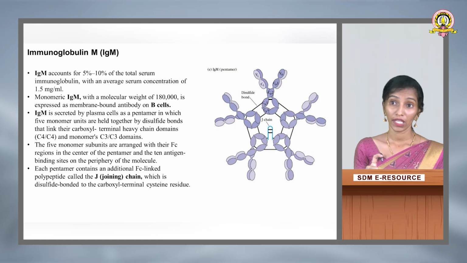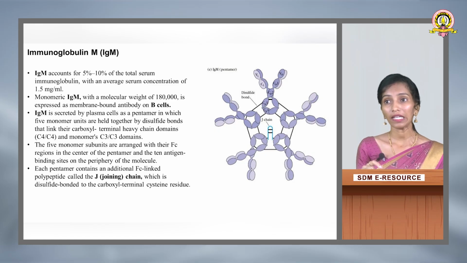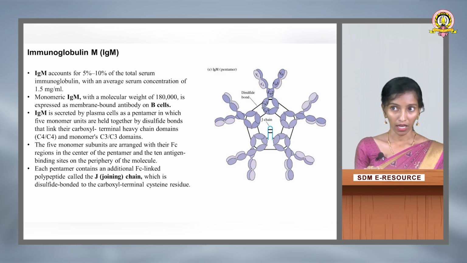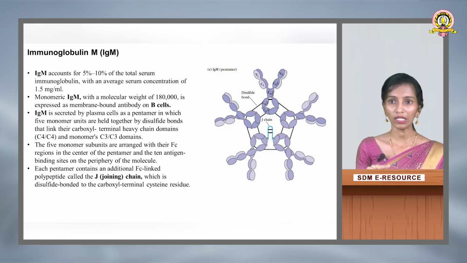Monomeric IgM, with a molecular weight of 180,000, is expressed as membrane bound antibody on B cells, but IgM is secreted by plasma cells as a pentamer in which 5 monomer units are held together by disulfide bonds that link their carboxy terminal heavy chain domains and the C3 and C4 domains. The 5 monomer subunits are arranged with their Fc regions in the center of the pentamer and the 10 antigen binding sites on the periphery of the molecule.